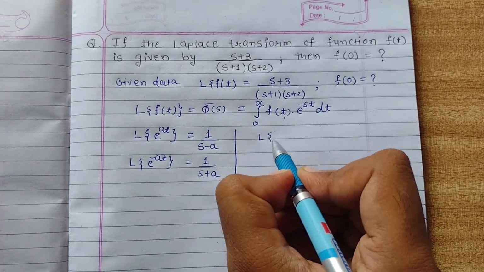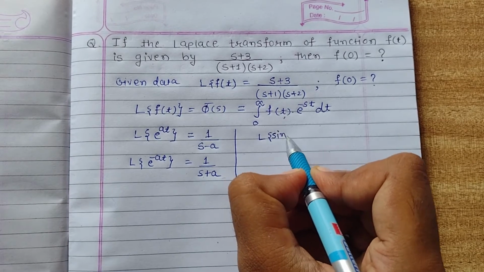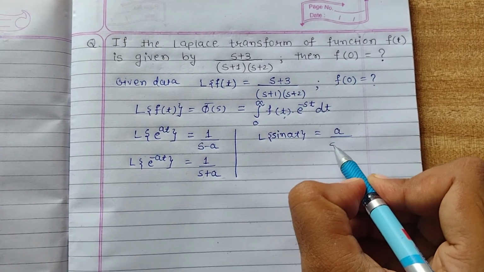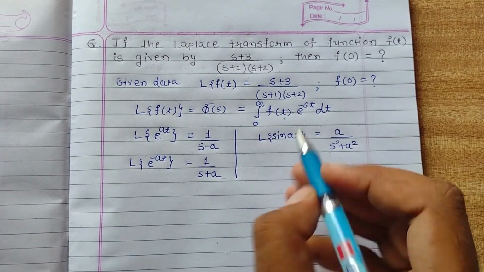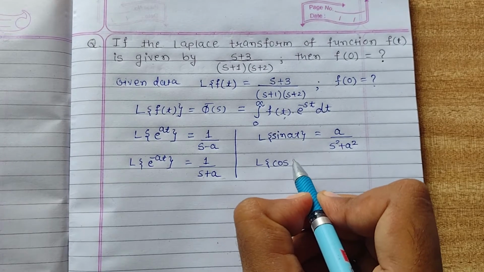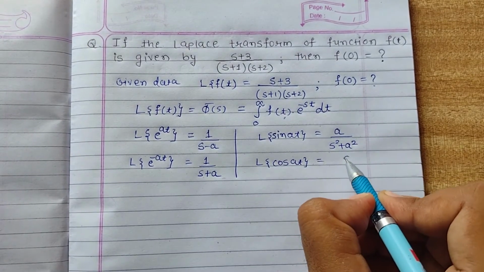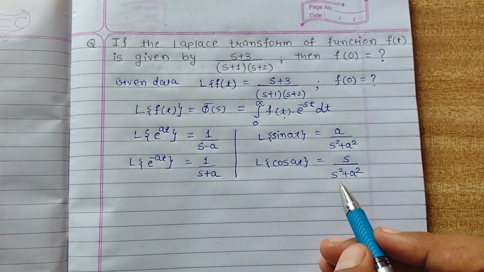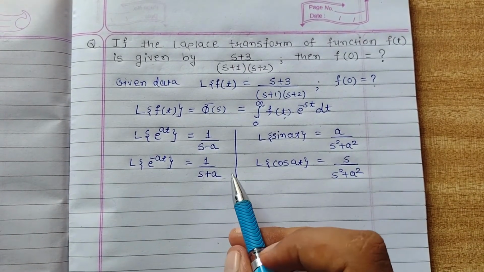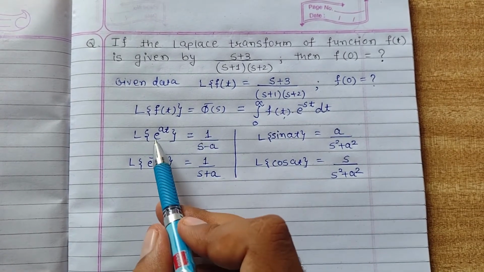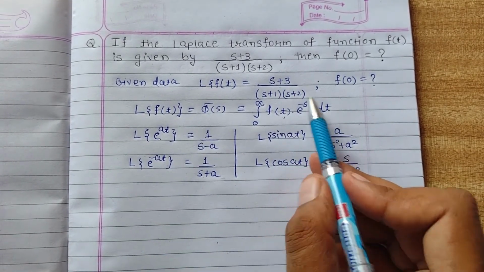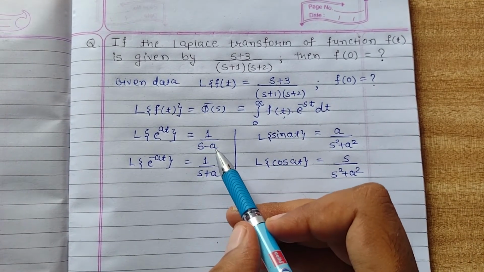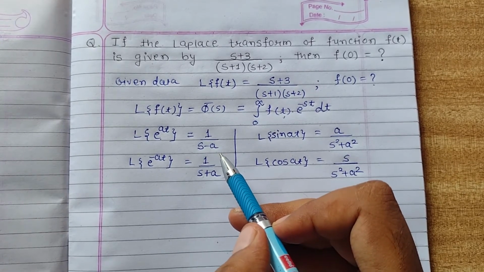Similarly, the Laplace transform of sin at is equal to a upon s square plus a square, and the Laplace transform of cos at is equal to s upon s square plus a square. So these are some common functions and their Laplace transforms. You can find these values by putting the function in this formula and integrating. So you will get this 1 upon s minus a, right?